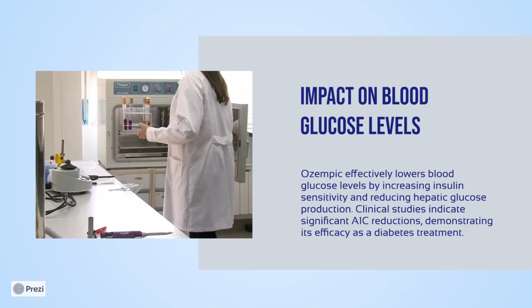As we know, the one thing that is so important in diabetes is keeping our blood sugar levels balanced and controlled. So this is the impact of Ozempic on blood glucose levels.